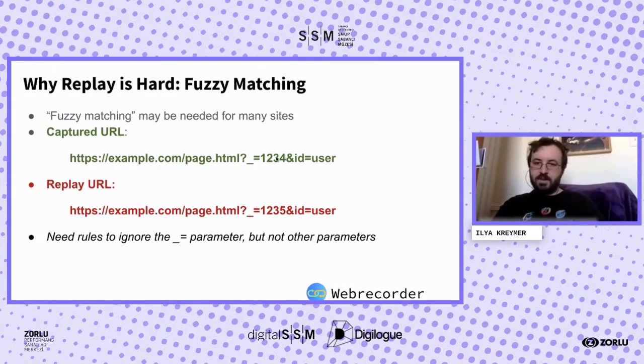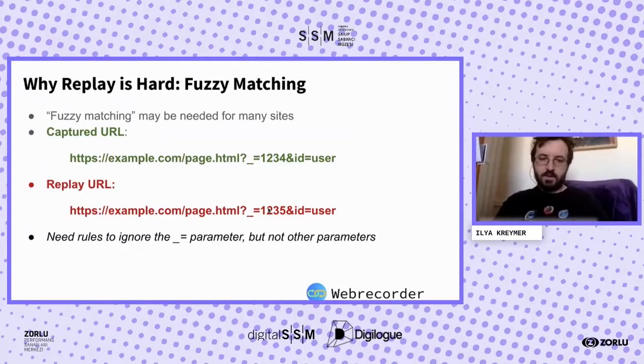In this case, this underscore equals component is different, but the rest of it is the same. In order to play back this page, there needs to be a system to fuzzy match these URLs and determine that these are actually the same. That's a lot of what the Webrecorder tools do on the back end: there's a whole rule system for figuring out how to match this URL to this URL in order to be able to play back the sites.